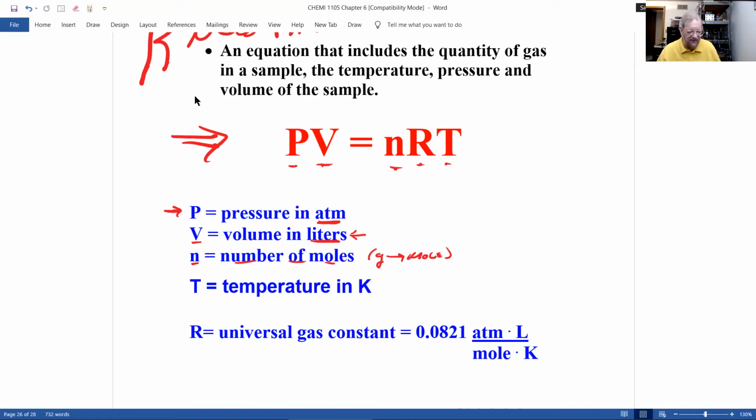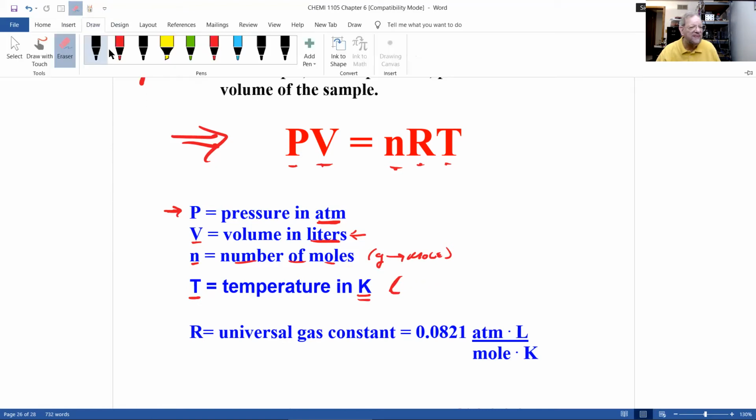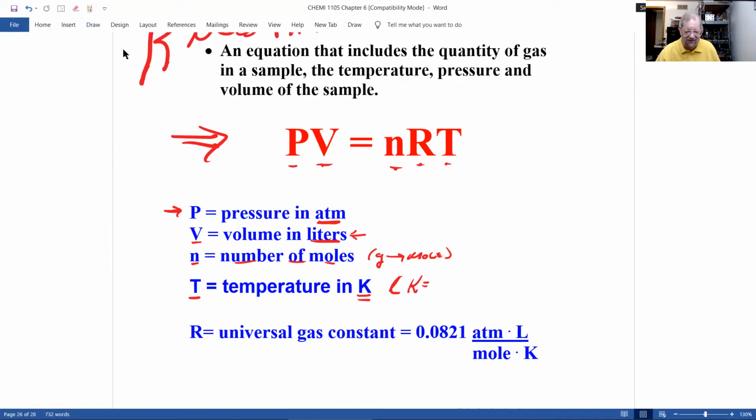And temperature, always for the ideal gas law, has to be in Kelvin, but all thermometers in chemistry are in degrees C. Kelvin equals degrees C plus 273.